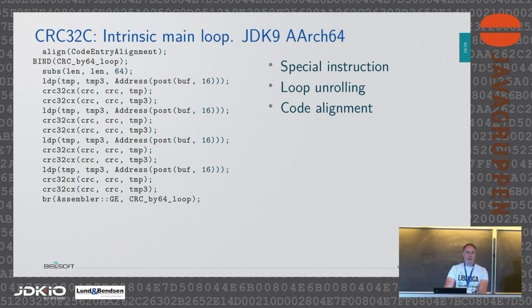We noticed that it has one problem. It has a lot of data dependencies, so each next instruction depends on previous one. It's a simple code. There are loads and CRC calculations using special instruction.